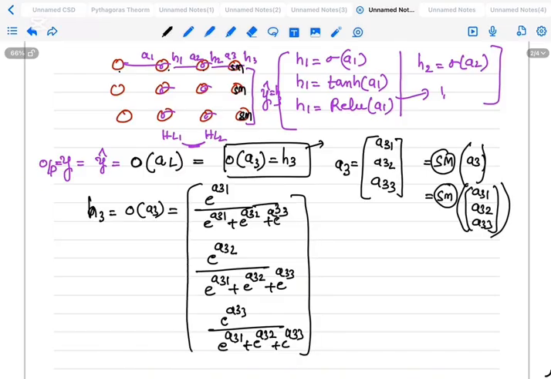This is the softmax. So the number of classes equals K cross 1.